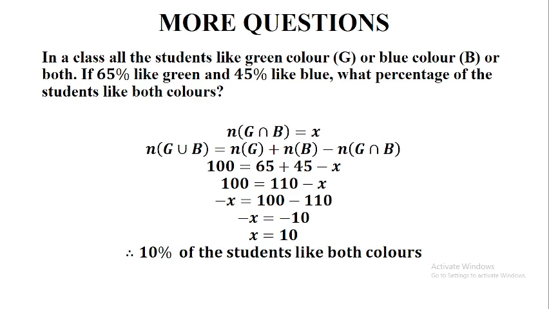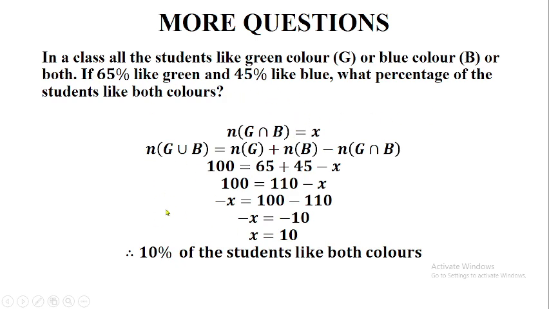So I hope you understand the question. If you want to use your Venn diagram, you draw your box, then in the universal set you have E equal to 100, then you have a circle for green and a circle for blue. You have 65 as all the elements in green, 45 as all the elements in blue.